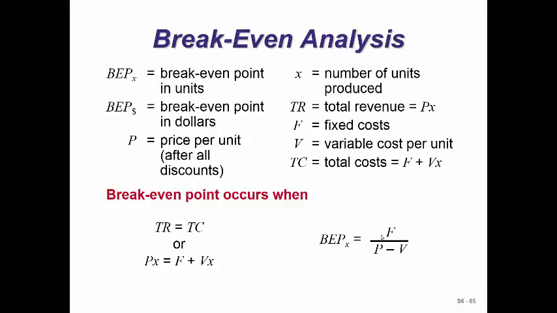For these formulas, if they're necessary for the final or the next exam, they'll either be printed on the final or you'll be given a list of formulas that you'll need to memorize. So don't worry about memorizing these specifically, but you can kind of figure it out. For the break-even point, it's fixed costs divided by the price minus variable cost, and that's going to give you the break-even point.